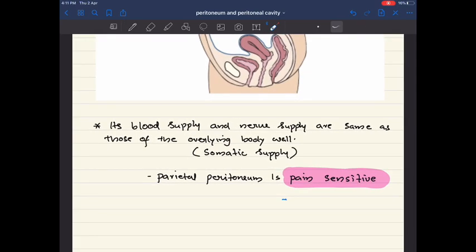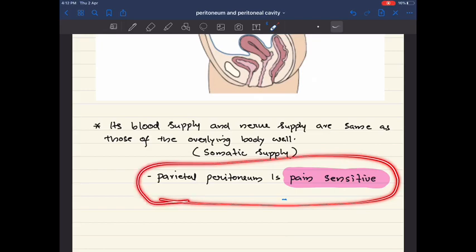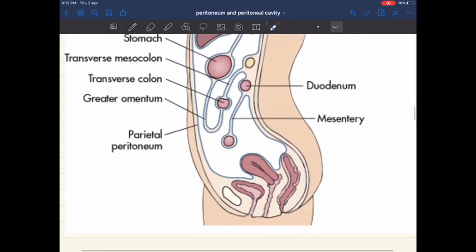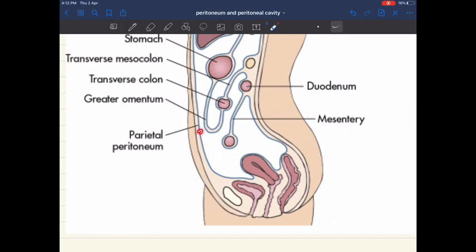This parietal peritoneum is pain sensitive, which means you can feel the pain. For example, if an infection has occurred to this peritoneal part, you will get pain here, because here and here the nerve supply is same.